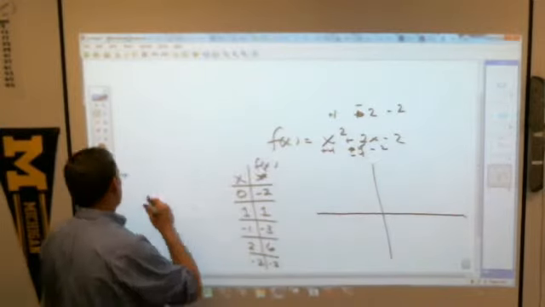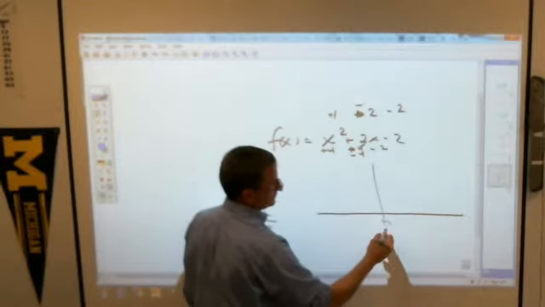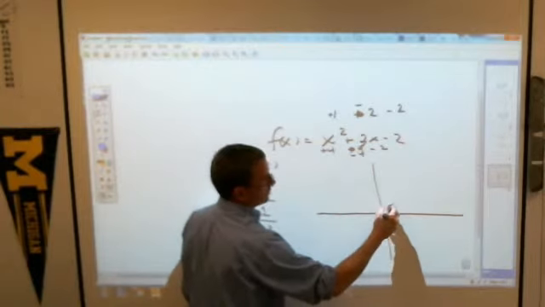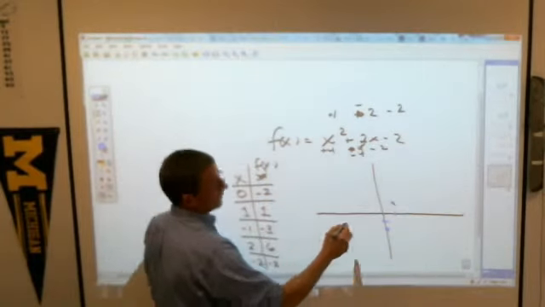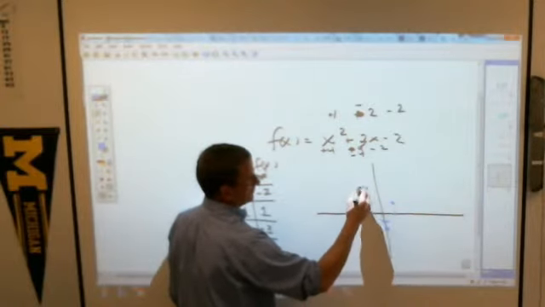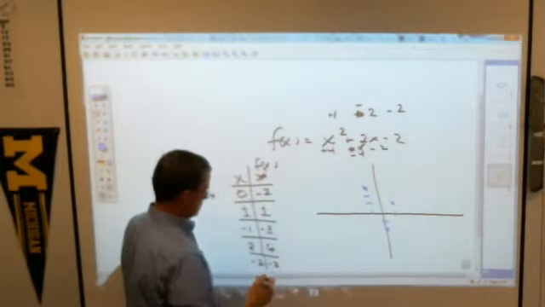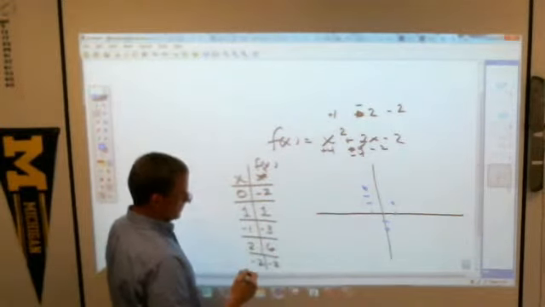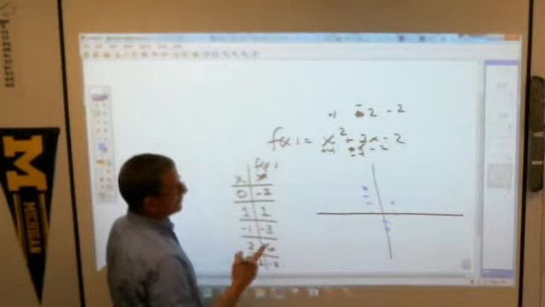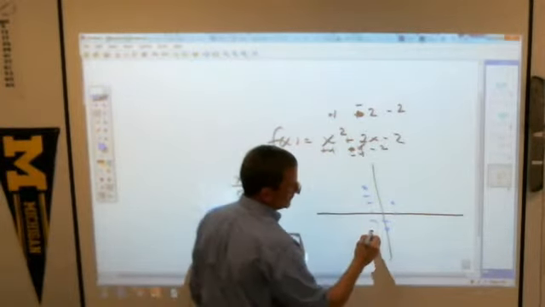What is the graph of a quadratic? Well, here we go. 0, negative 2. 1, 1. Negative 1, negative 3.